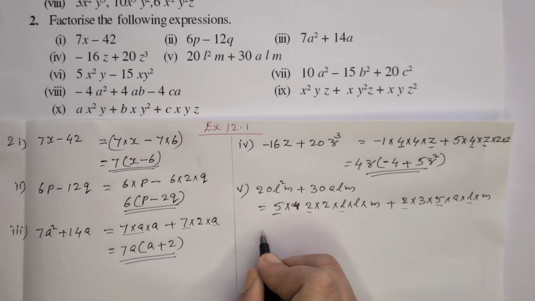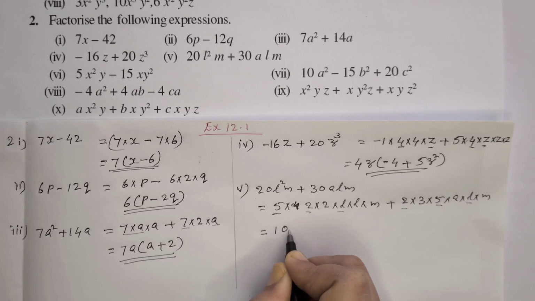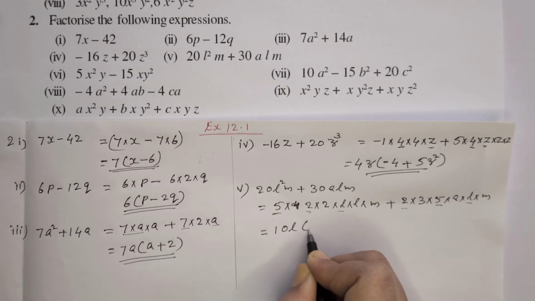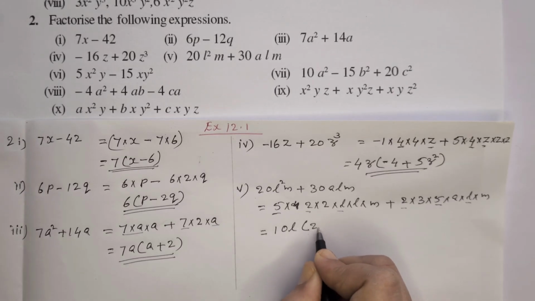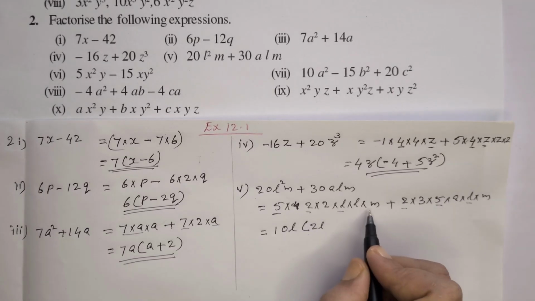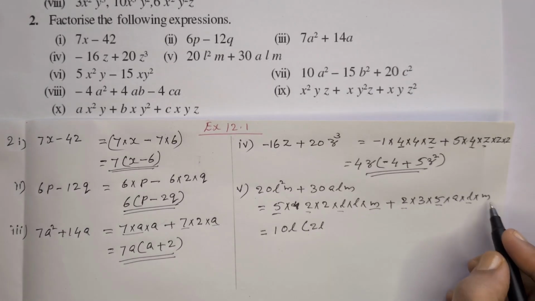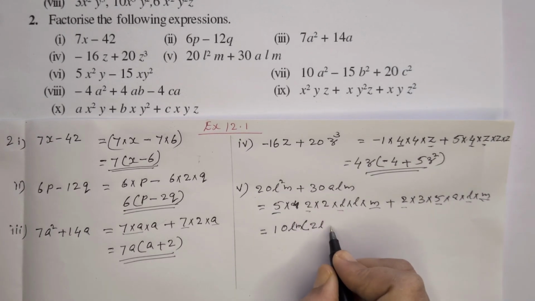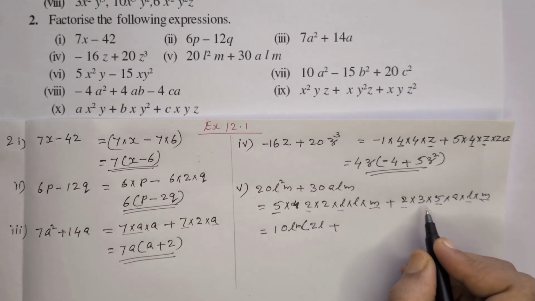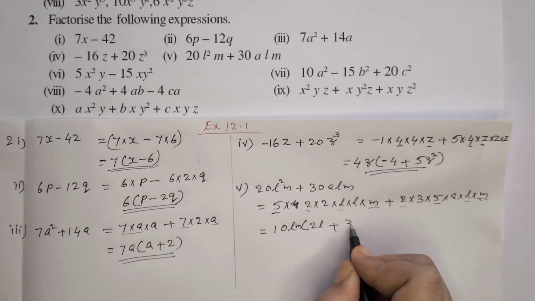That common factor we have to take out of the bracket. That means 10l into, then in the bracket it is coming here 2l. 1 m also common. So lm we can take as common. Then remaining 2l plus here 3a.